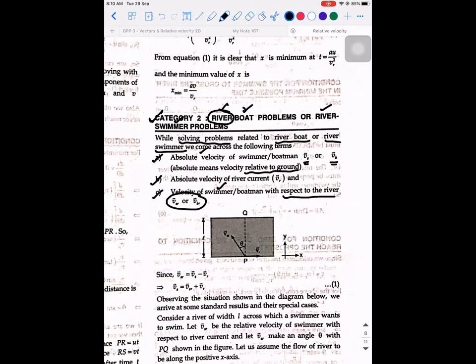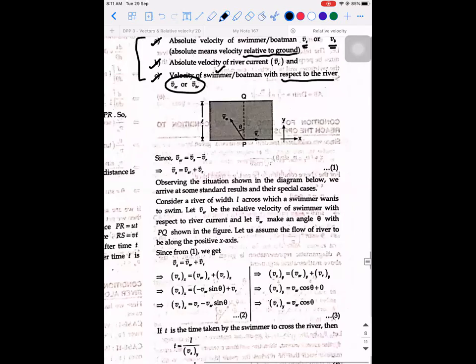Okay. So all these points are theoretical. My question is, when I put it on a paper, what are all the directions I need to assign to it? That is the next question that gets raised. All right. So that again depends on the scenario.